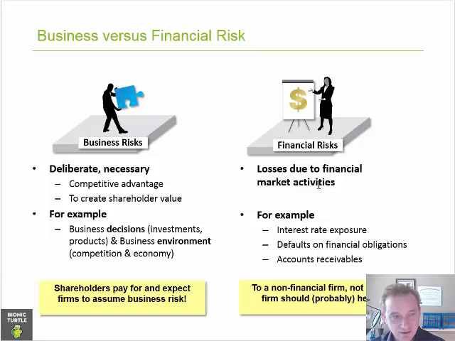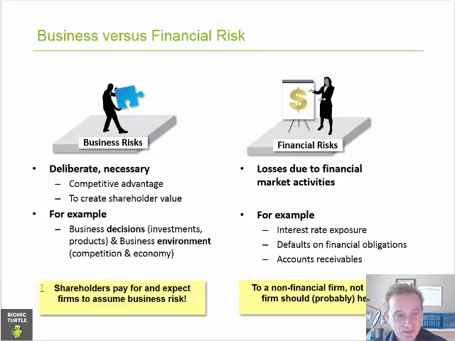So we do tend to distinguish sharply between financial and non-financial companies. Non-financial companies, which is most companies, are not necessarily in the business of assuming risk. So the idea here is that for these non-financial firms, since that's not their core business, they at least want to consider hedging.